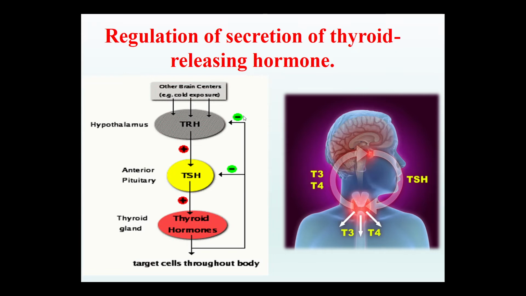Thyrotropin releasing hormone, as I already said, is secreted in the hypothalamus, and after that it goes to the anterior pituitary in the hypothalamic hypophyseal portal blood and finds its receptors on thyrotrophs in the anterior pituitary and stimulates secretion of TSH. And of course, traditionally, we have a number of feedback regulations.